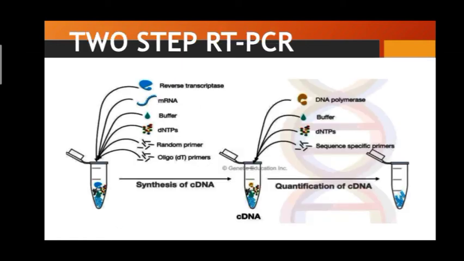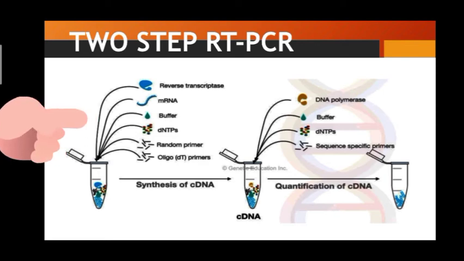In the two-step RT-PCR, the reverse transcription and the amplification are performed in two separate reaction tubes. That is why this variation is known as two-step RT-PCR or two-step reverse transcription polymerase chain reaction.